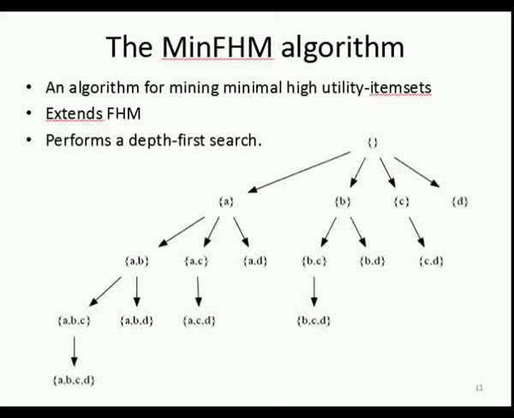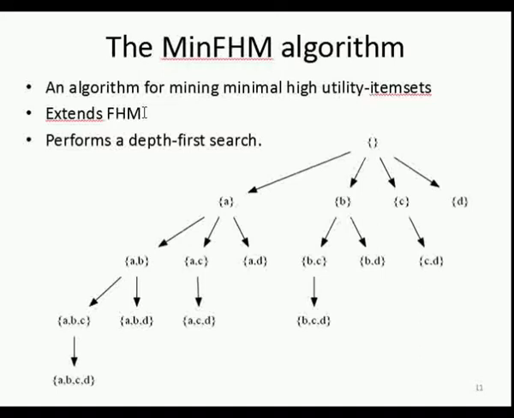It is an algorithm to find all the minimal high utility item sets. If we give it the database and the minimum utility threshold, it will find exactly the solution to the problem. It is based on the FHM algorithm for high utility item set mining, which is one of the fastest algorithms for high utility item set mining.